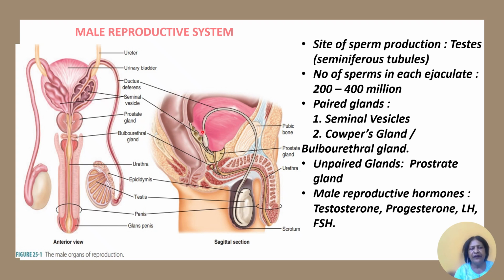There are a pair of seminal vesicles which produce a secretion for the transportation of the sperm. Then the Cowper's gland, which produces a lubricant, and then an unpaired prostate gland, which produces an alkaline secretion.